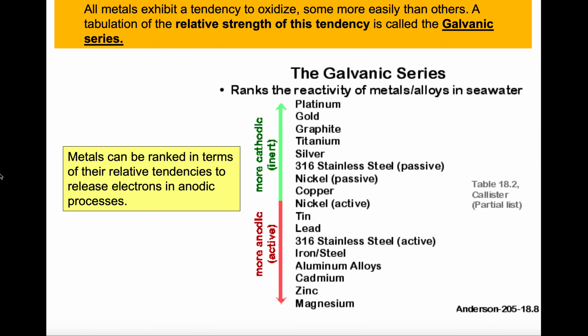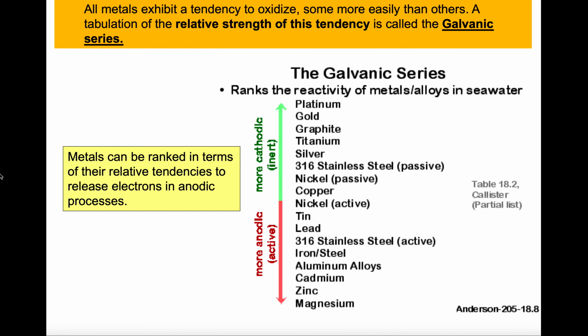So magnesium, zinc, and cadmium are the three elements that tend to corrode the most, while graphite, gold, and platinum are the ones that do not have this tendency to corrode. In biomedical applications, we tend to use metals toward the top of this list. So titanium, gold, and platinum are some of the metals that we are using more and more inside the human body because of their tendency to resist corrosion.